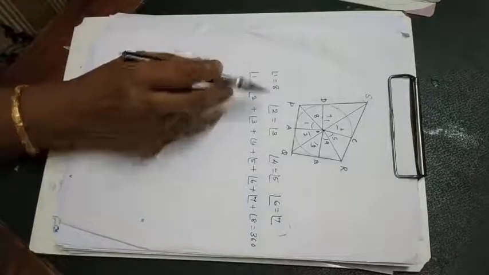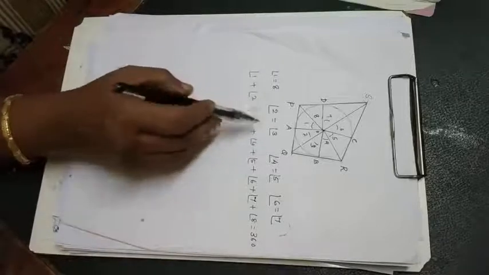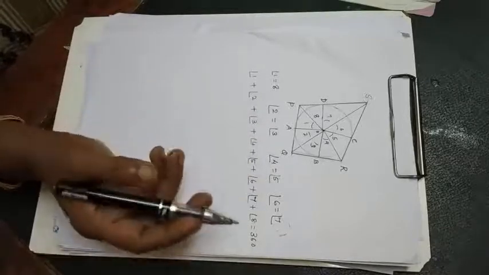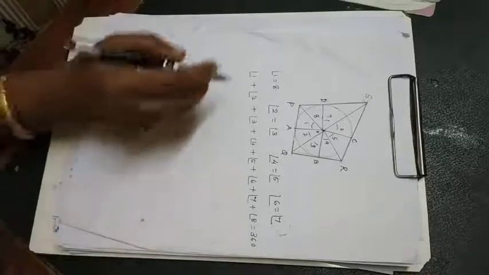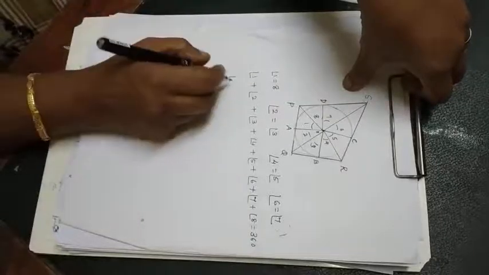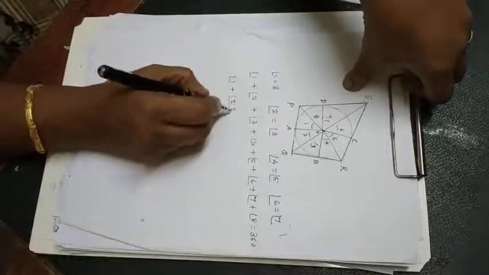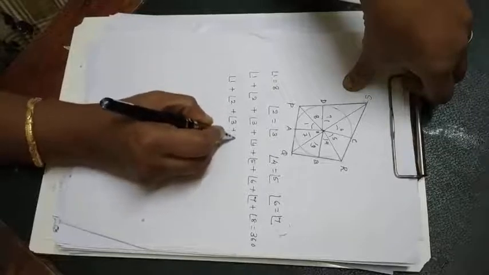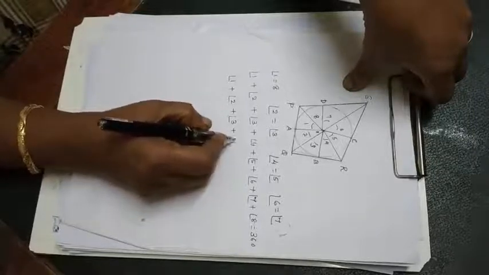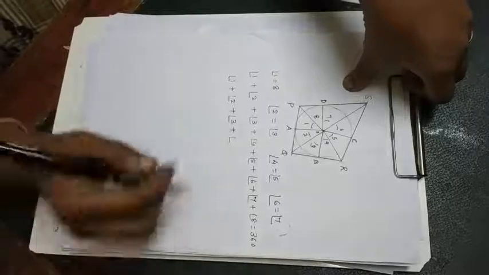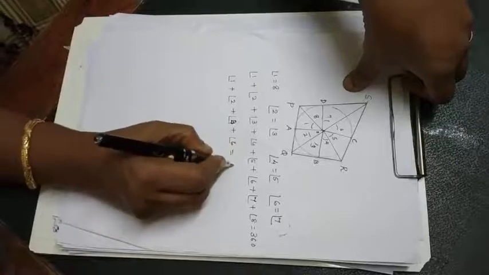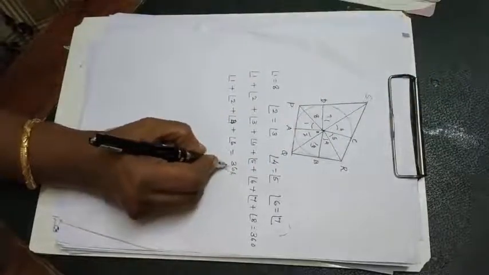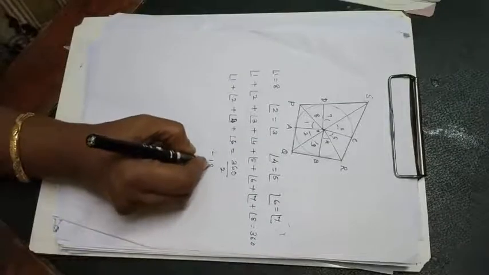But here 1 is equal to 8, so instead of 1 you can write 8 itself, 2 equal to 3, then 4 equal to 5, like that you are getting that one. So if you are taking angle 1 plus 2 plus 3 plus 4 plus 6, that is equal to 360 divided by 2, that is equal to 180.